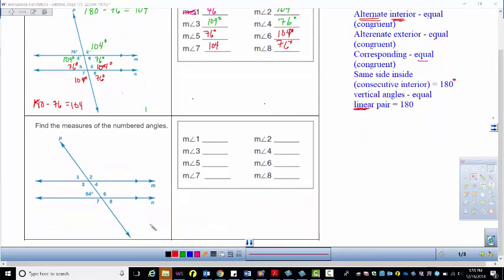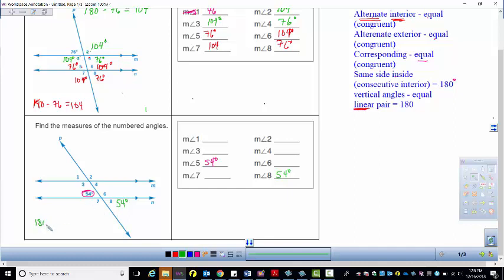Okay, so let's look at the next one. This time it looks like we are missing angle number 5. Well, we're not missing it, it's right here. It's just 54 degrees. I would look at the vertical angle. If this angle is 54, then angle 8 is also 54 because they are vertical. Then I can find 7 because they make a line, so they're a linear pair.